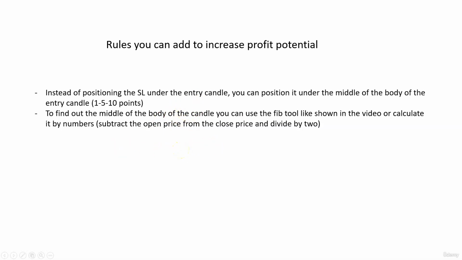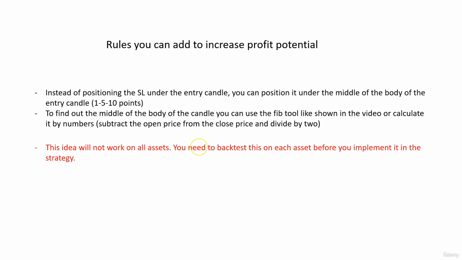So you put your stop loss there, and if you enter with a higher stop loss, that will increase the potential profits a lot. And again, this idea will not work on all assets, as we also saw in backtesting. You need to backtest this on each asset before you implement it in the strategy. So you might have one asset where this idea works very well, but you might have another asset where it does not work.